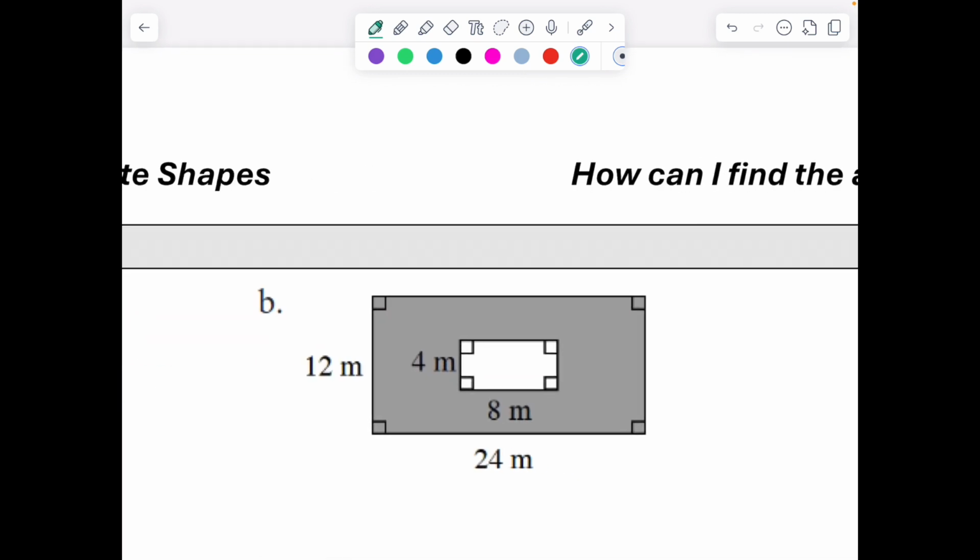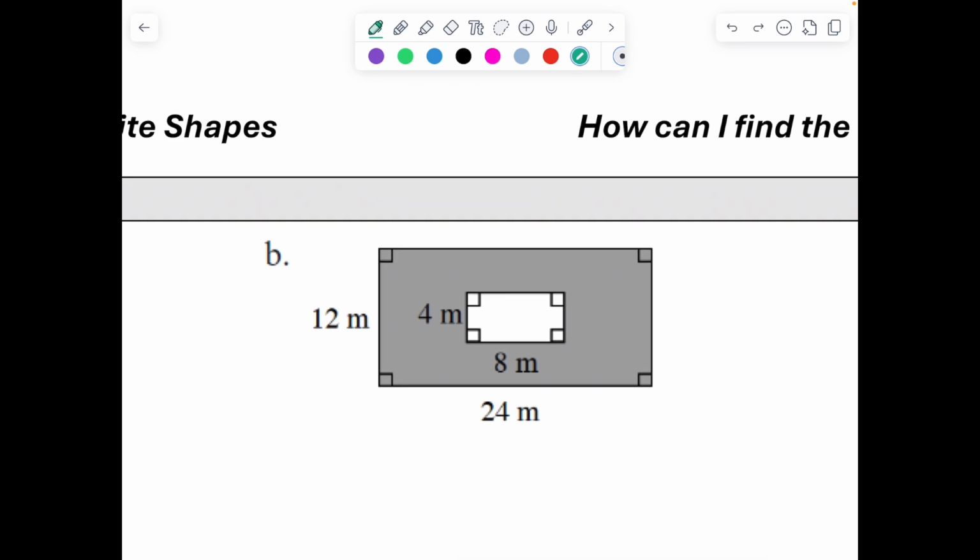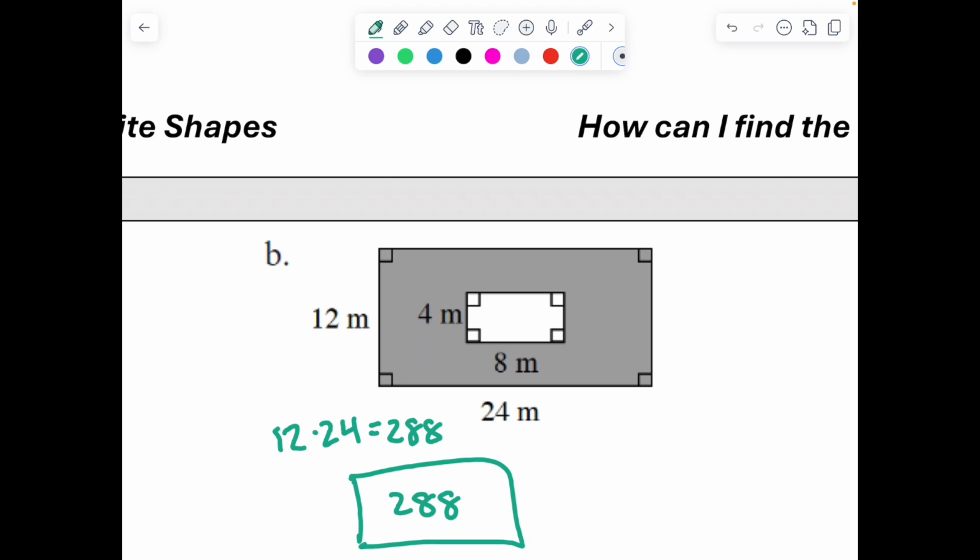Moving on to B, they want the shaded portion here. So what this is going to look like is taking the big rectangle and then subtracting out this small rectangle so that we can find this shaded region, almost like a donut. So area of the large rectangle, 12 times 24 is 288. So the big rectangle is 288.